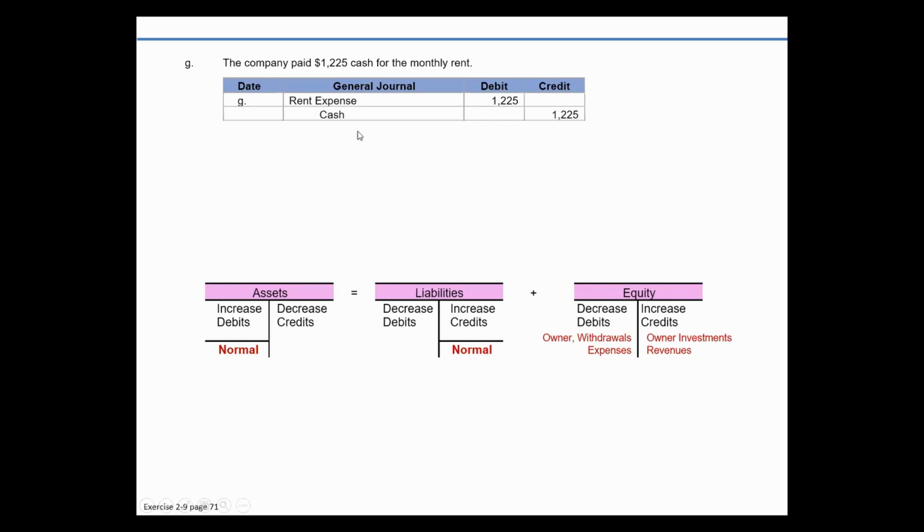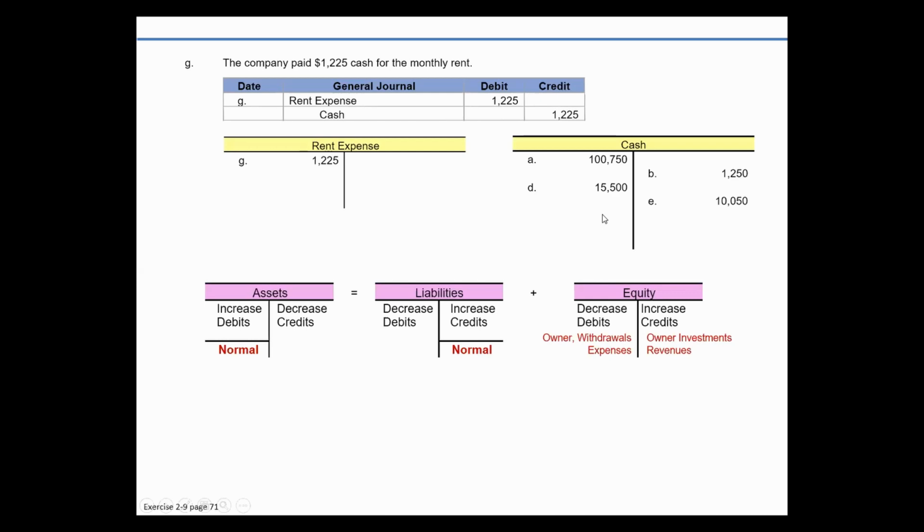And then we paid out cash, $1,225. And so in order to decrease cash, we have to credit cash. So we see here that our rent expense is debited for $1,225, and then cash is credited $1,225 in order to reduce cash.